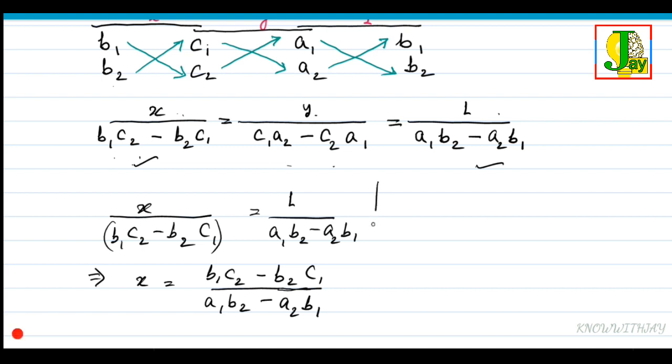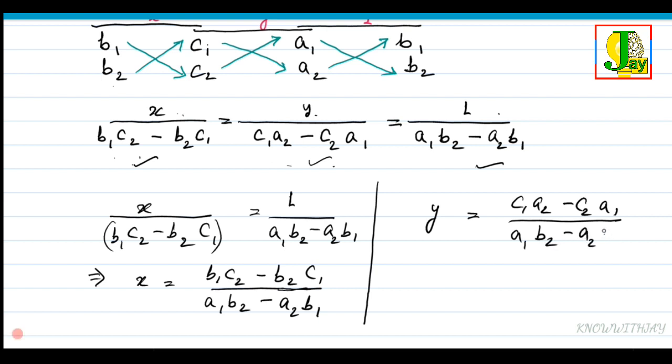Similarly we can use the other two expressions to find y. With y we have this one, so y equals, this one goes to the numerator, c1 a2 minus c2 a1, whole thing by a1 b2 minus a2 b1.